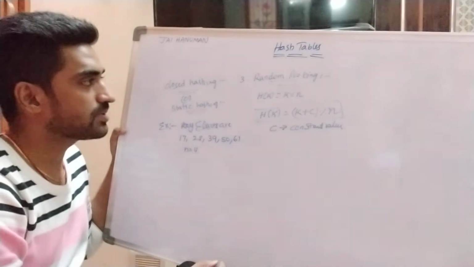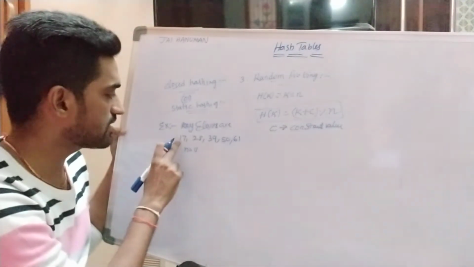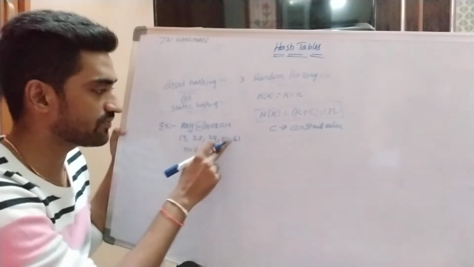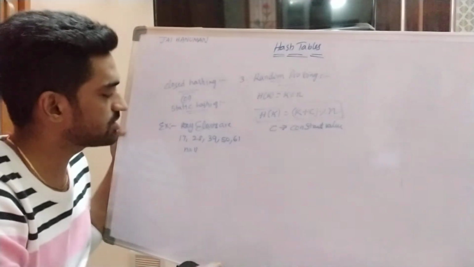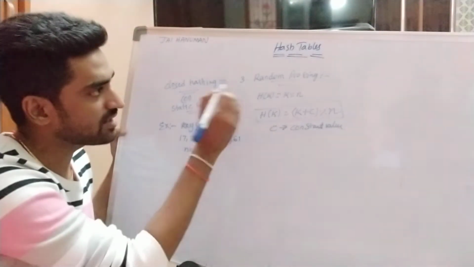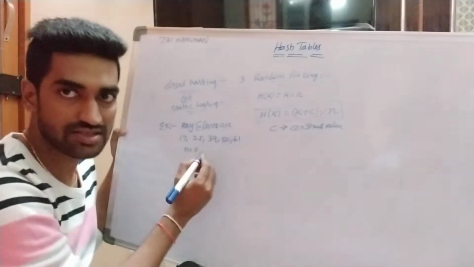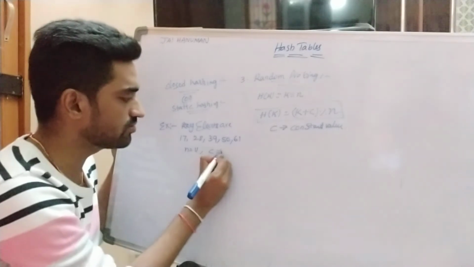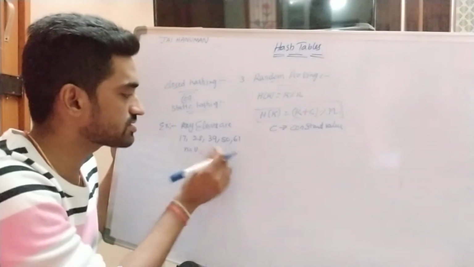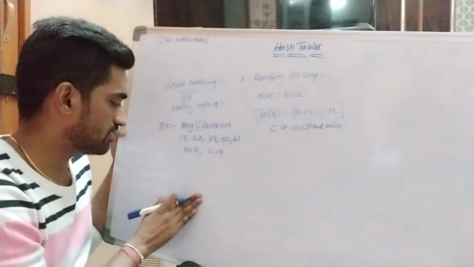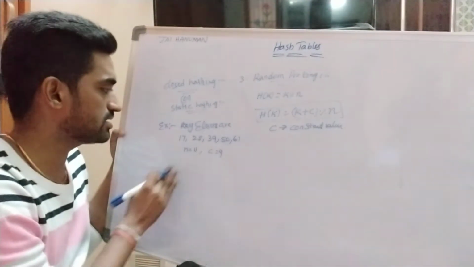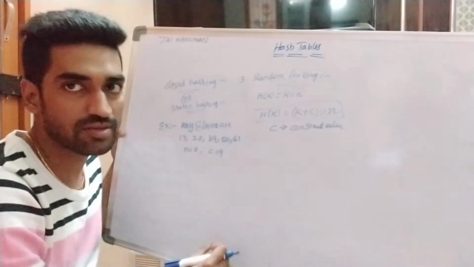So here I am taking one example. Key elements are 17, 28, 39, 50, 61 and the size of the hash table is 11. And for random probing, here I am taking a constant value also. Suppose I am taking constant value C is equal to 4, right? So then how to insert these elements using the random probing mechanism?